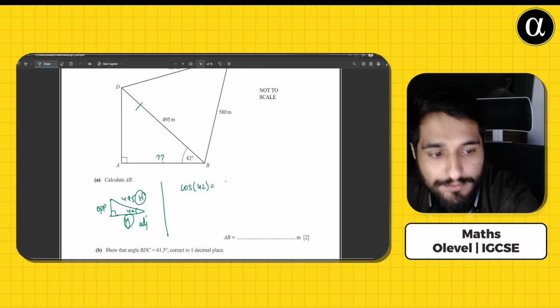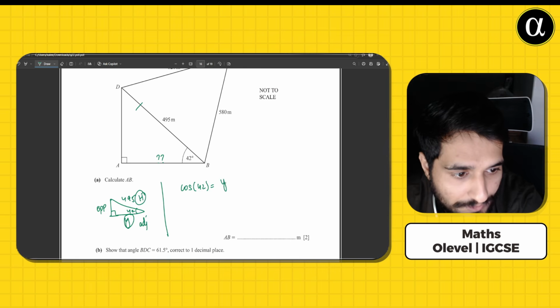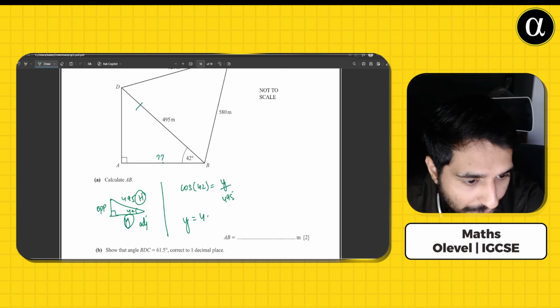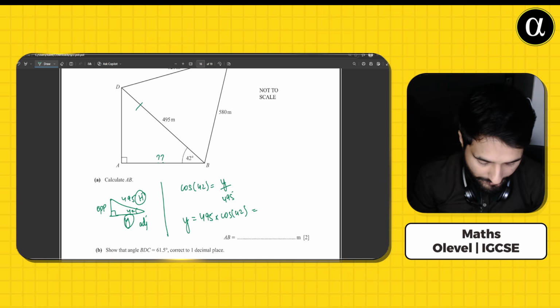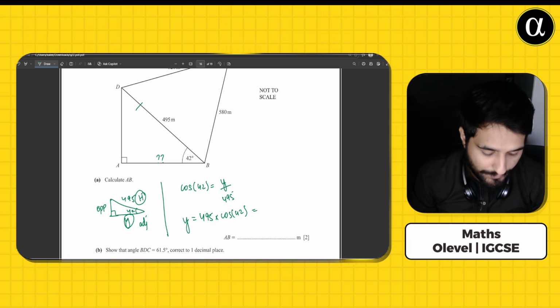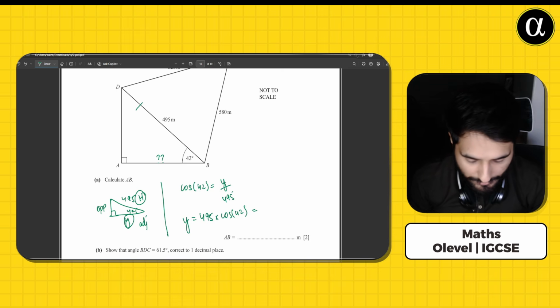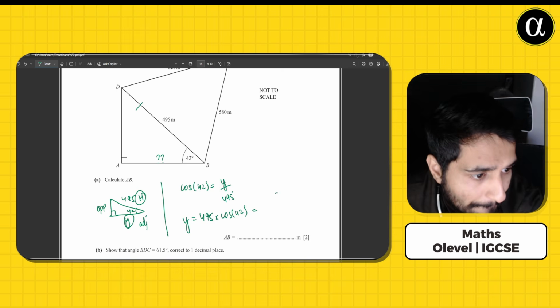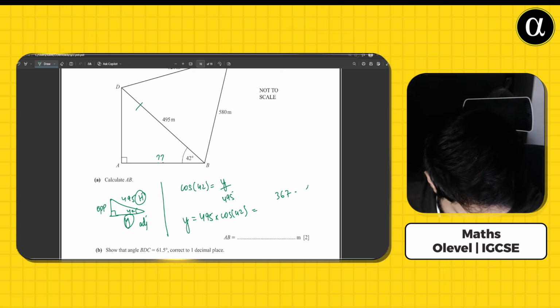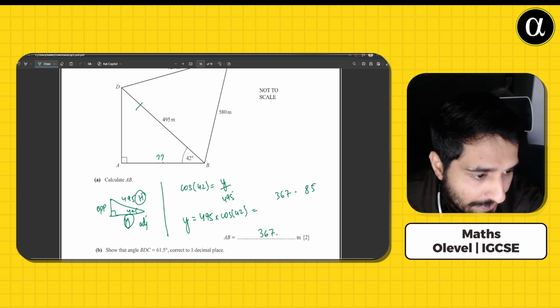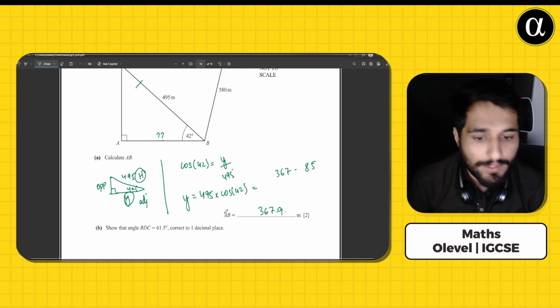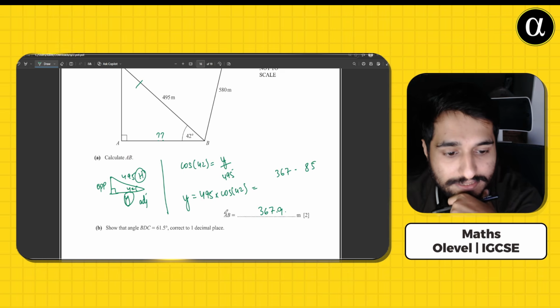So cos of 42 is equal to adjacent, which is y, over hypotenuse, which is 495, and the value for y is going to be 495 times cos of 42, and the answer turns out to be 367.85, which would be 367.9. Now it says show that the angle BDC is 61.5.